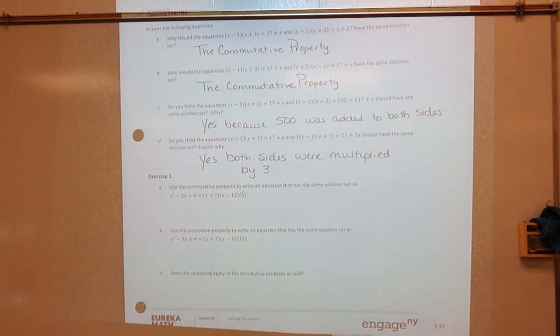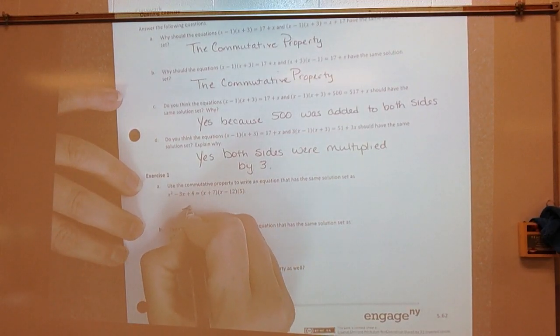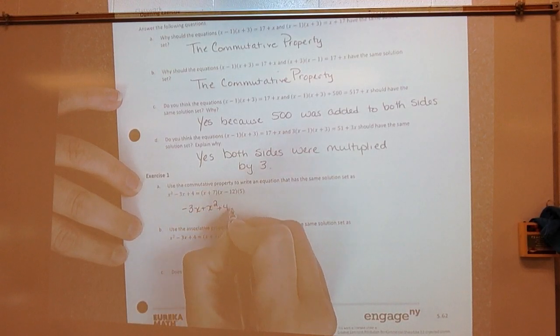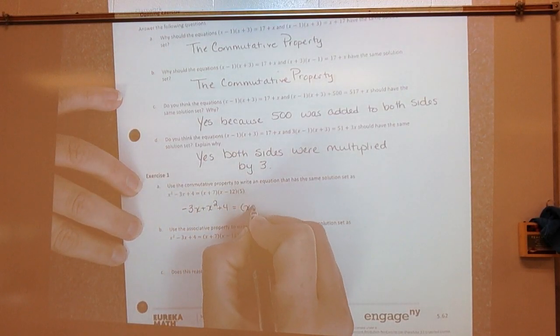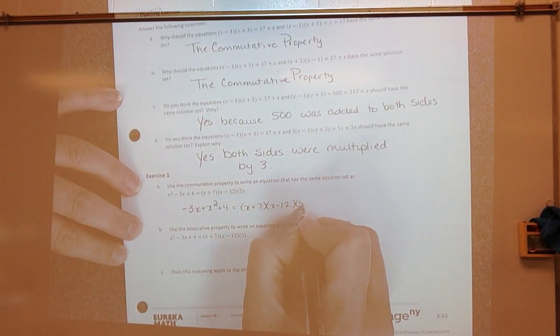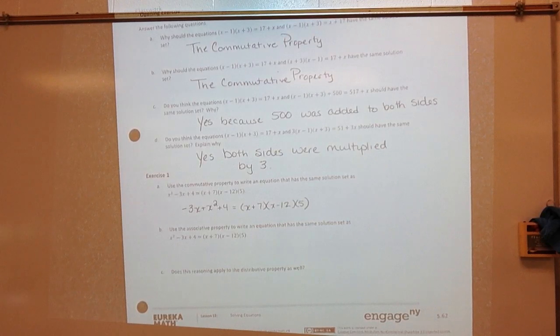Using the commutative and associative property tells me that I can rearrange this in any way. So I can do −3x + x² + 4 = (x + 7)(x − 12) · 5. I didn't change anything except for the order in which I'm adding them.